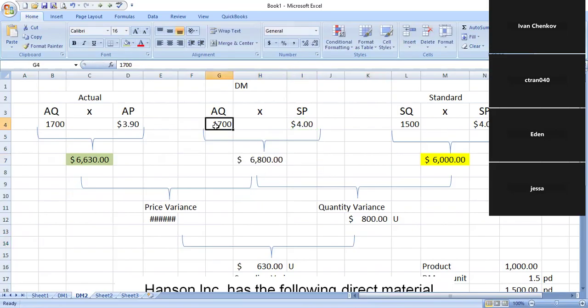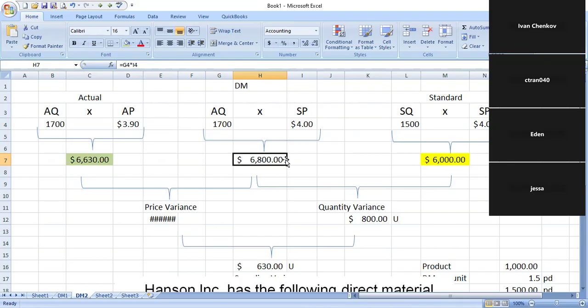Based on using 1,700 pounds of material and using my standard price, I'm supposed to spend $6,800, but I'm spending $6,630. So am I overspending or underspending in this case? We're comparing only this number, 6,800.